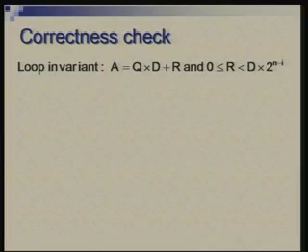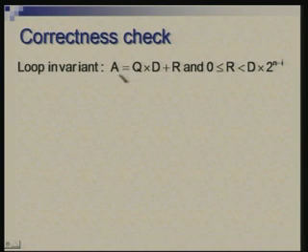So, we want to make sure that what we are doing actually computes what we want. Our requirement is that ultimately there is a loop which is executed, and we will ensure that there is a certain invariant it maintains.